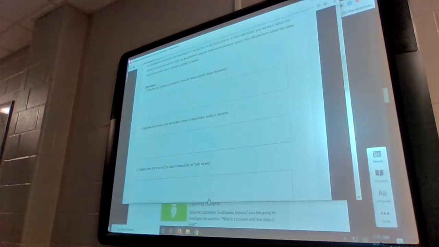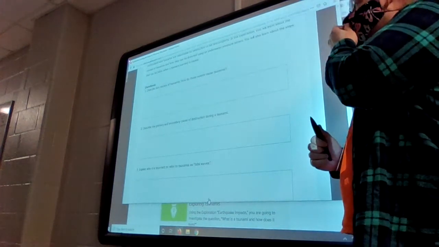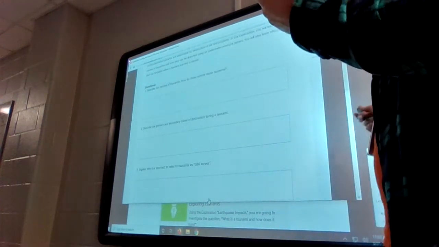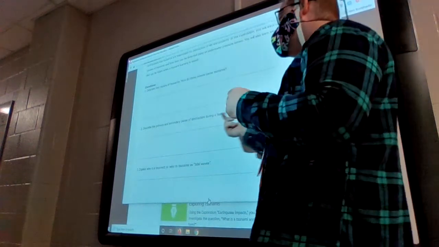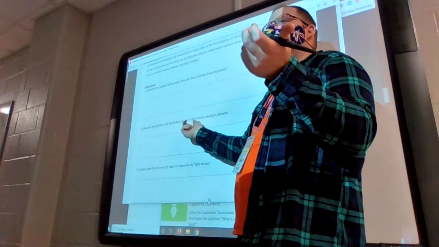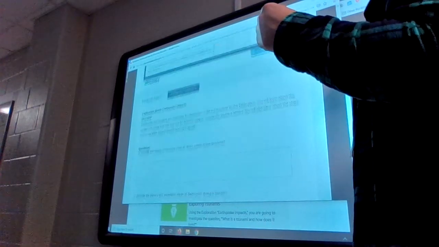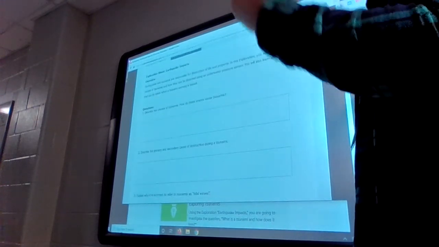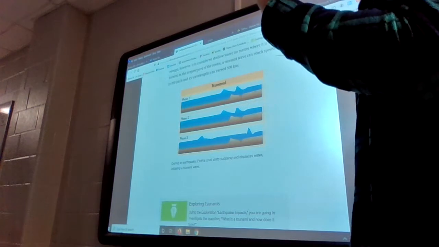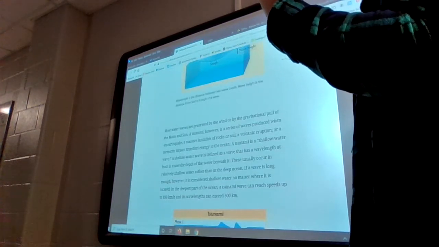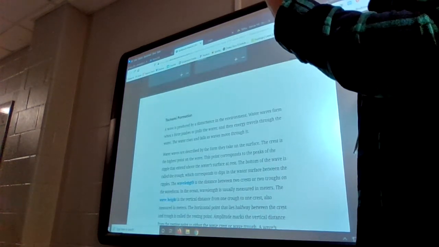Number 2, describe the primary and secondary cause of destruction during a tsunami. What's going to be the primary cause of destruction during a tsunami? Yeah, the wave itself, like the direct impact of the water, that's going to be your primary cause of destruction during a tsunami.